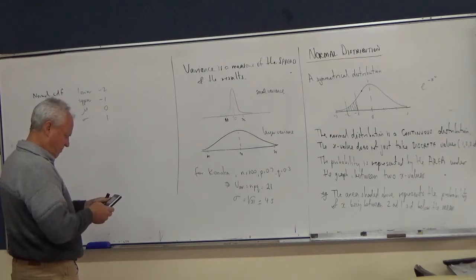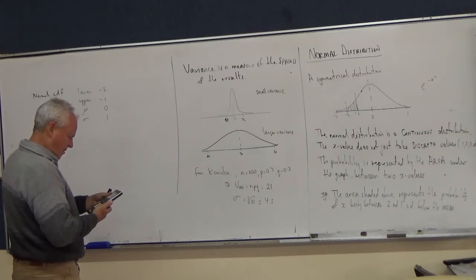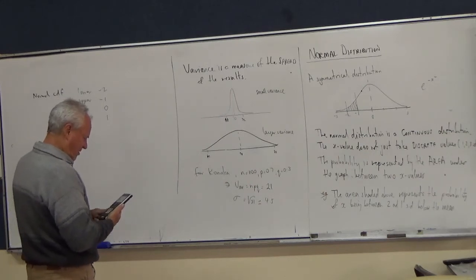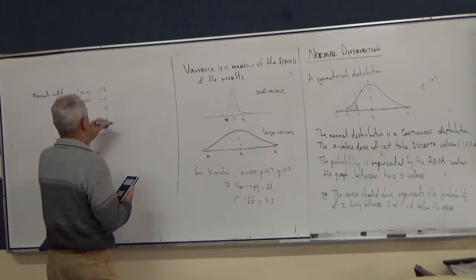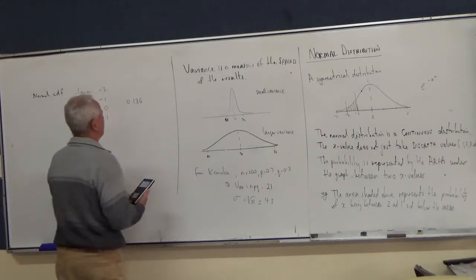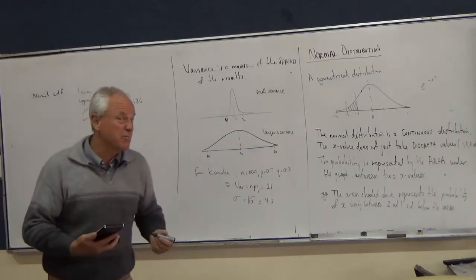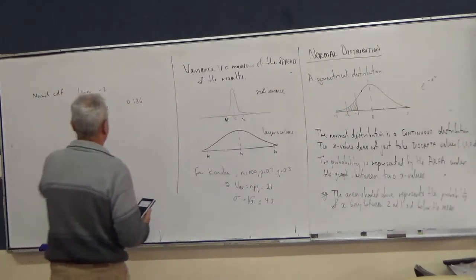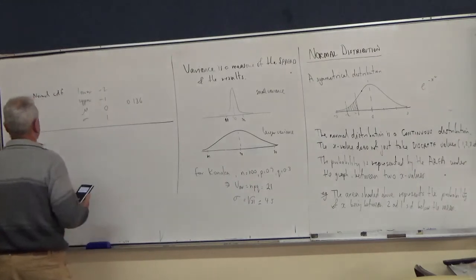And 0.1359, so 0.136. My estimate was 0.15 or 15%. That's okay.